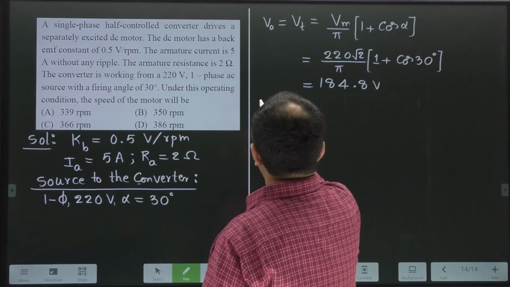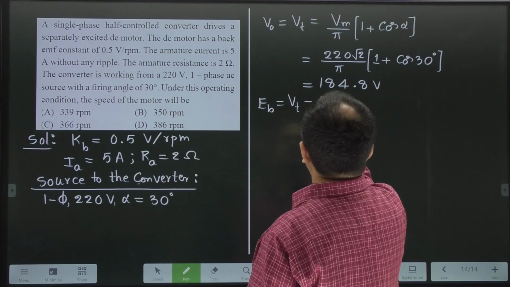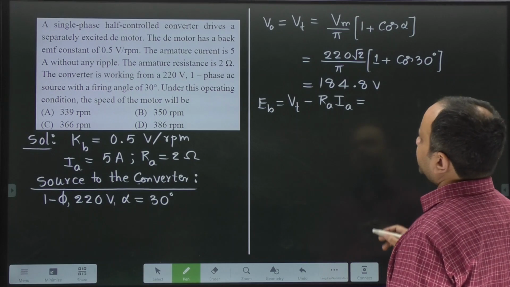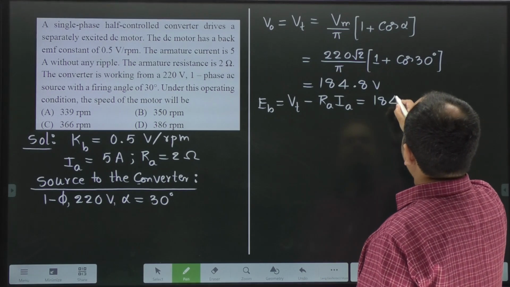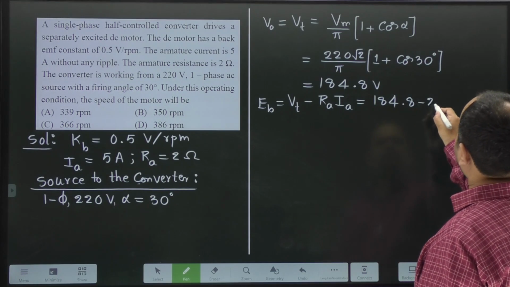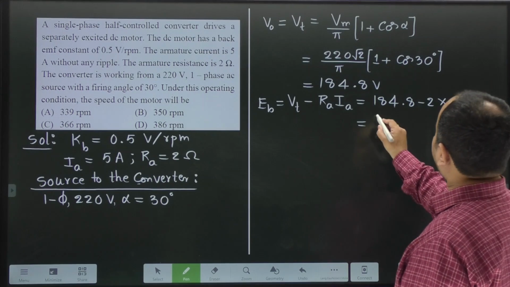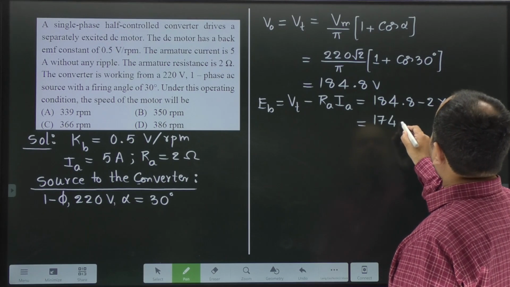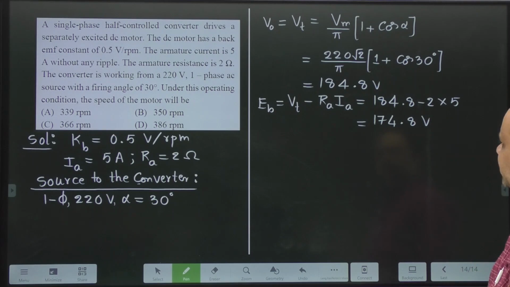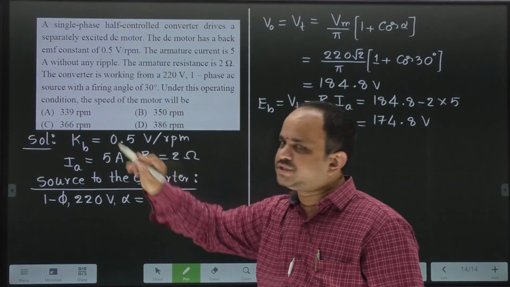Okay. Now what could be the back EMF? Vt minus Ra into Ia. So 184.8 minus armature resistance is given 2 ohm, armature current is given 5 ampere. Therefore, it will give you 174.8 volt. What is the meaning of back EMF constant?